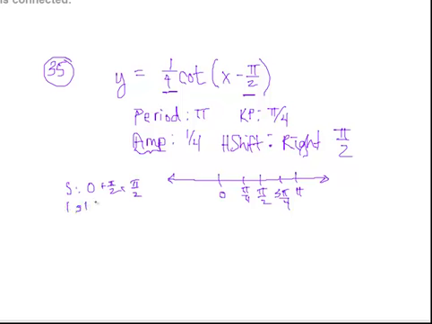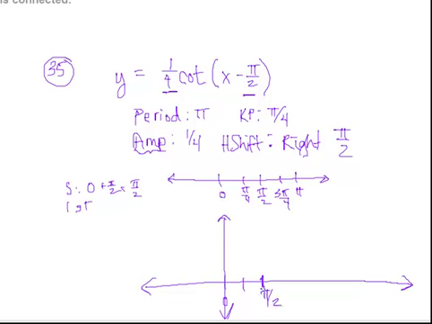First key point. So I'm actually going to draw this now, and I might have to shift this down here in a little bit, but if you want to, you can still include these, but this is my start. It would be pi over 2. It's not going to any longer be at 0. And then the first key point: pi fourths would have been the typical first key point, but I'm going to add pi over 2 to it, so pi fourths plus pi over 2, which is the same thing as 2 pi fourths.